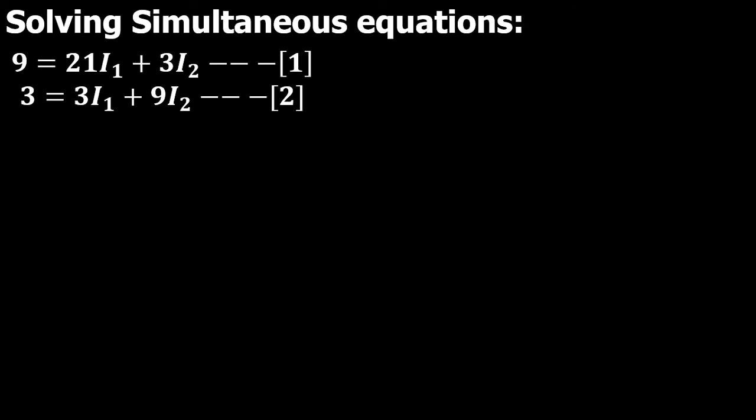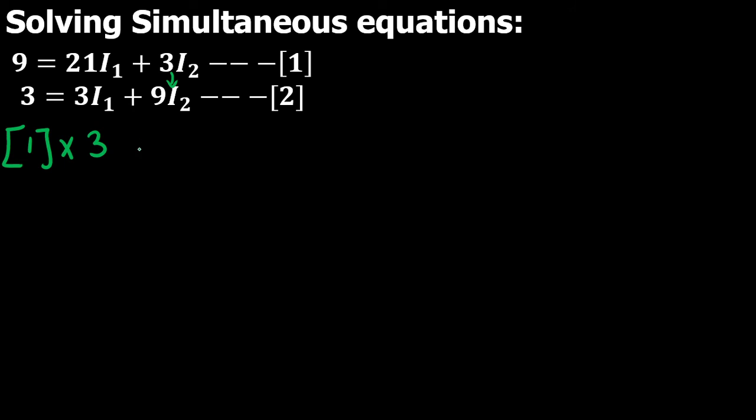Alright, so now let's look at how we can solve simultaneous equations. The simplest way is to look at the constants in front of the variables and find if we can make them common, right? So if I look at equation number 1, I can make this 3 become a 9 if I merely multiply the whole equation, not only the 3, but the whole equation, by 3.